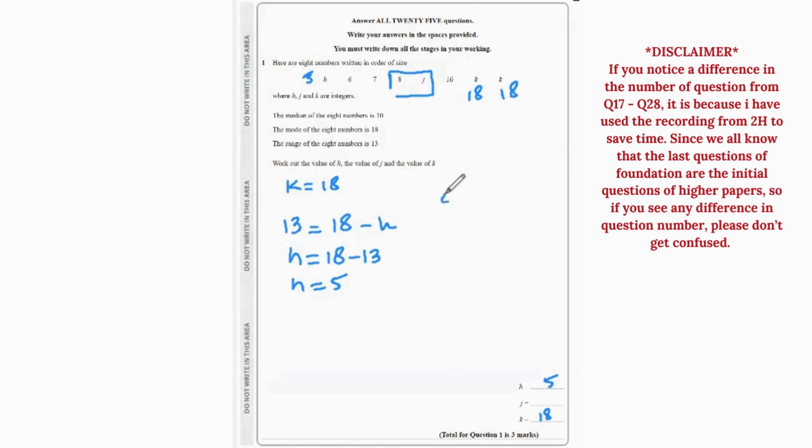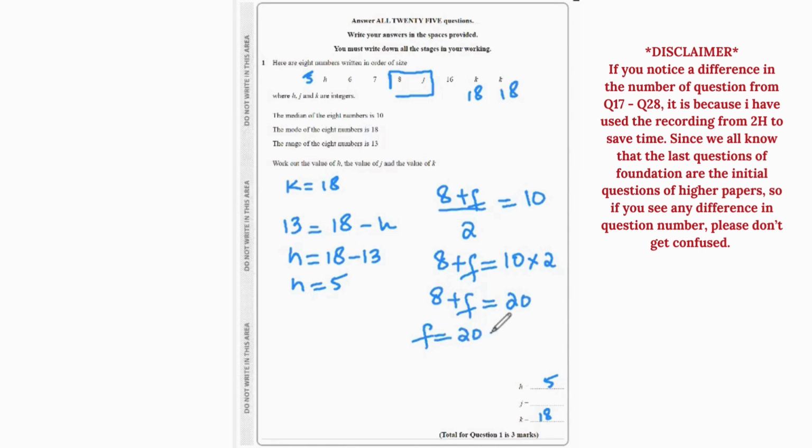So 8 plus J divided by 2 equals the median value, which is 10. That means 8 plus J equals 10 times 2, which is 20. So J is going to be the difference of 20 and 8, and that is 12. So that's J, not F, my bad.